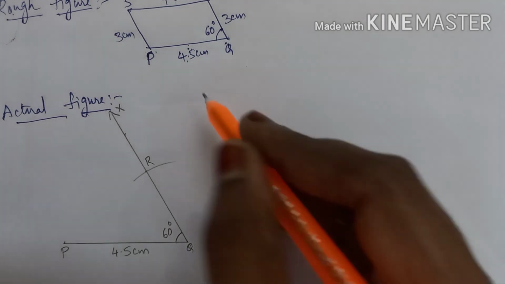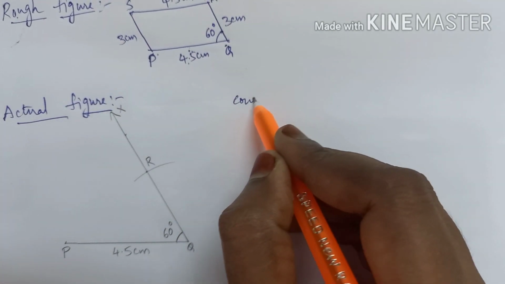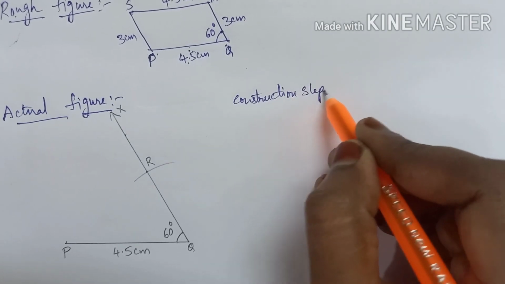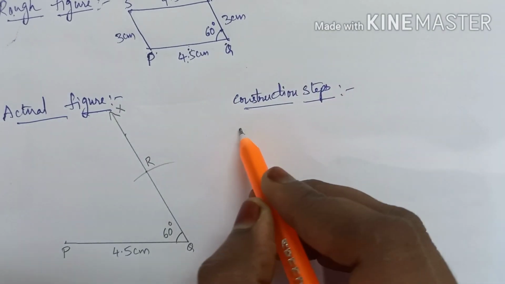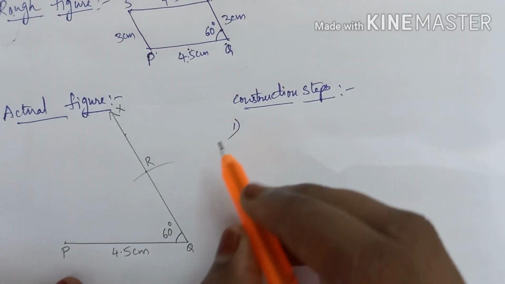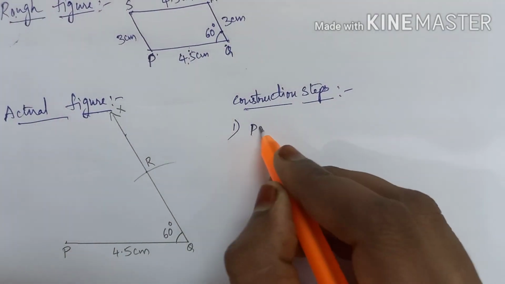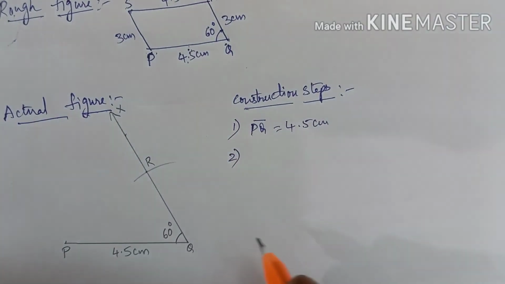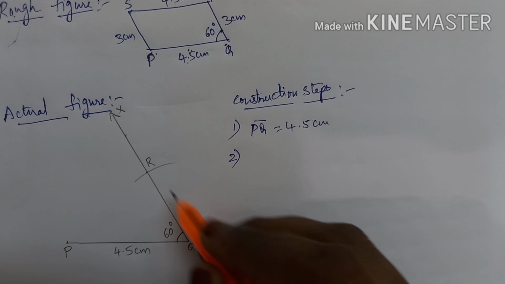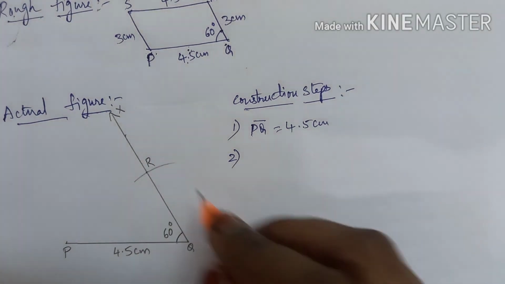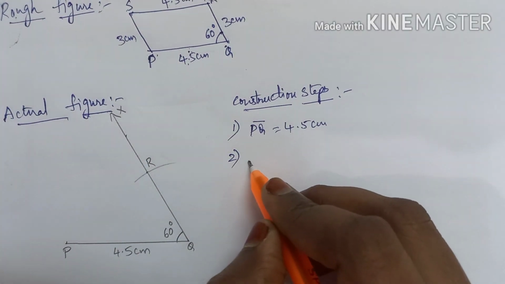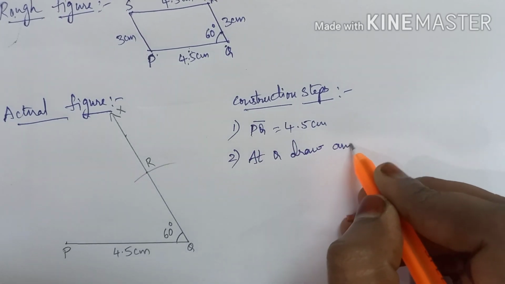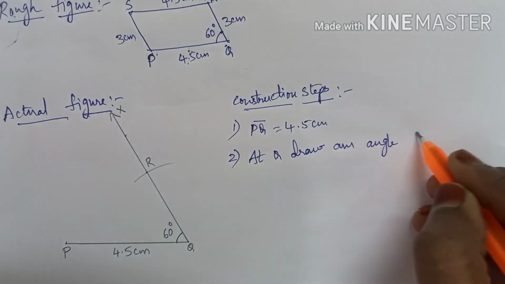So now write down the construction steps. Up to here, write down the construction steps so you don't get confused. First we have to draw PQ equal to 4.5 centimeters. Next, what have we drawn? At Q, angle 60 degrees we have drawn. So at Q, draw an angle of 60 degrees.